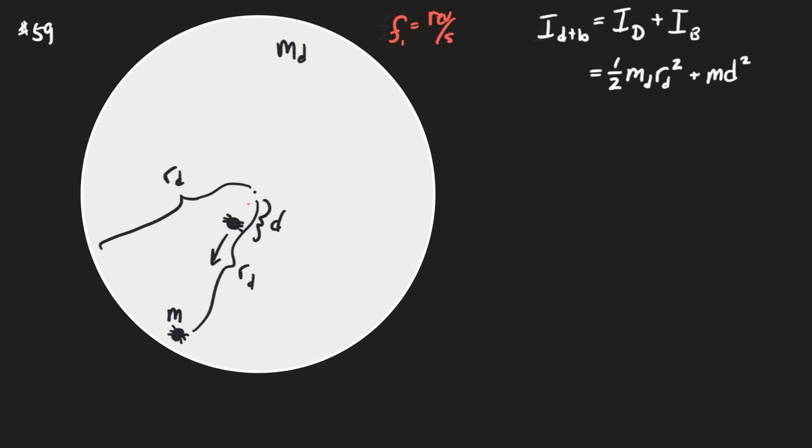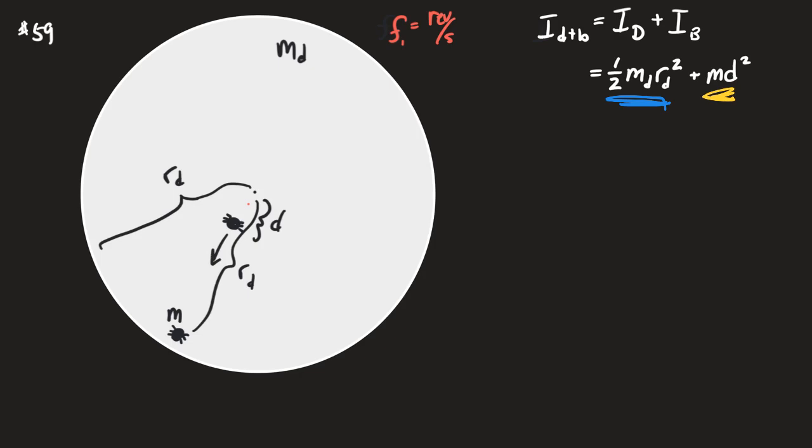I'm going to pause here. I'm getting back to this. And this is the part that I'm trying to emphasize by being very slow and deliberate. This part doesn't change. The disk's moment of inertia stays the same. But this part does. The bug walks to the edge.